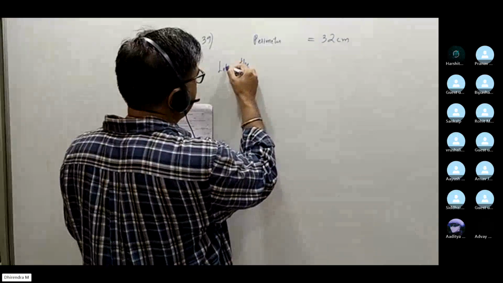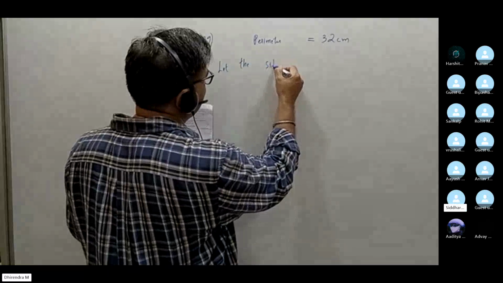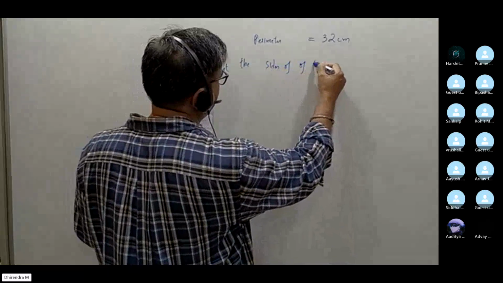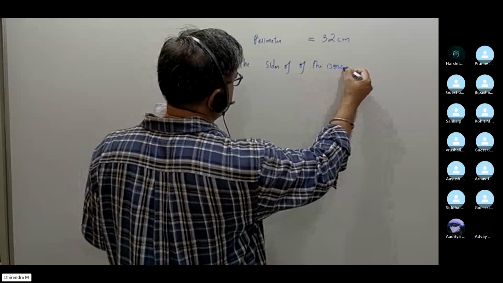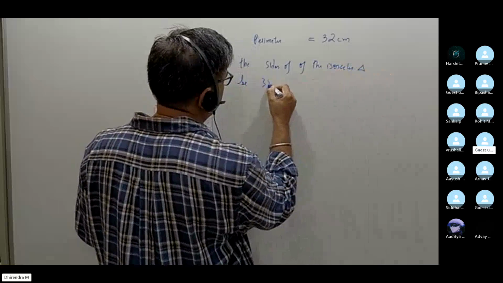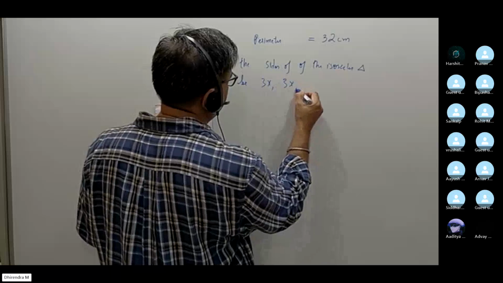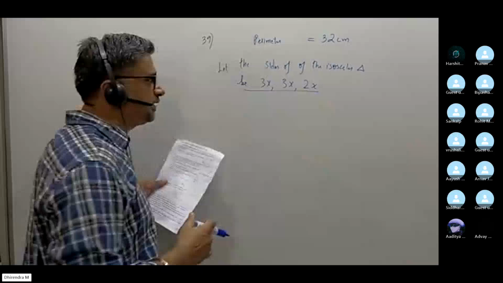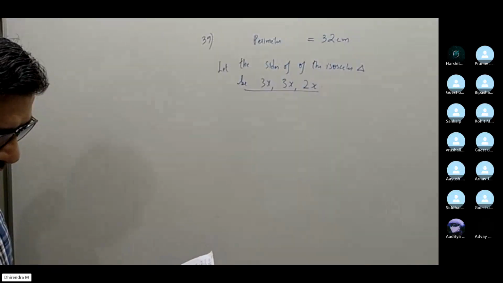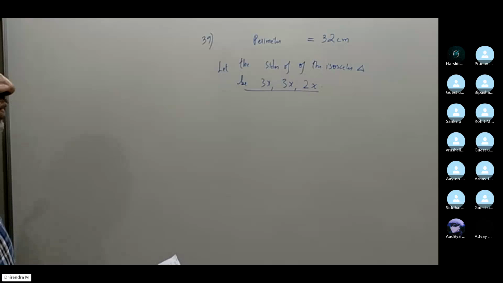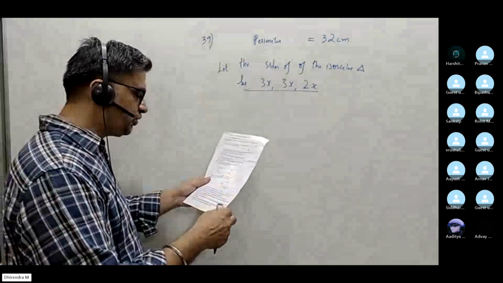So what can be the sides? Let the sides of the isosceles triangle be 3x, 3x, 2x. Are you convinced with this? This is the heart of this problem or the solution, folks. If you are getting this right, only then you will be able to solve this question.